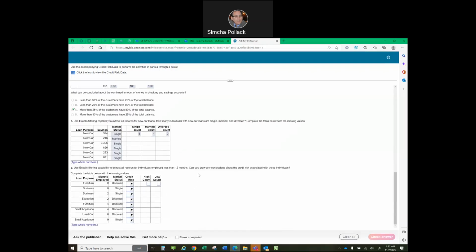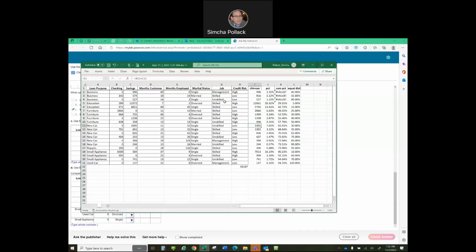Now, less than 12 months. Credit risk. Less than 12 months. Let's go back to here. Employees, implied less than 12 months. Sort.